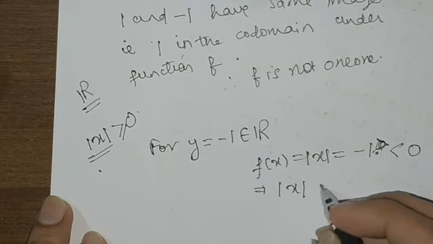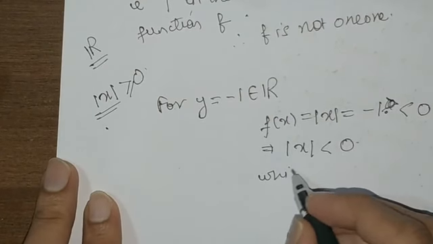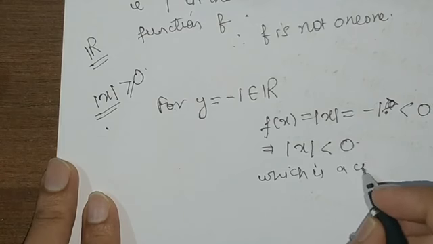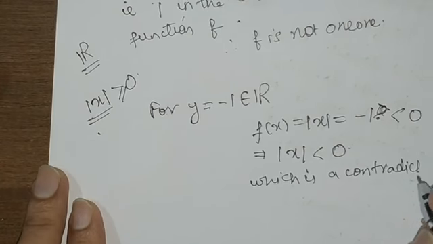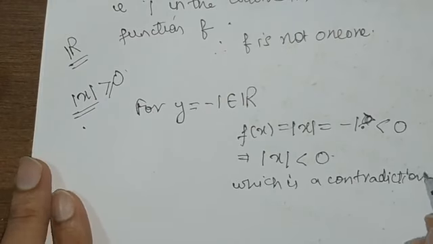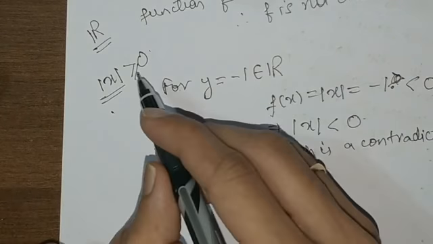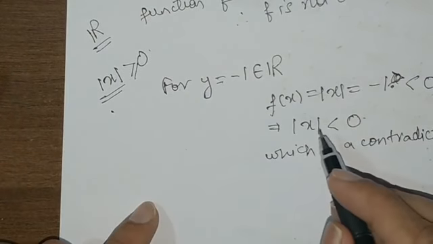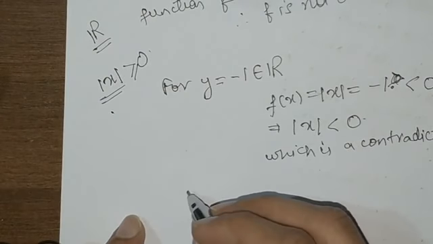So modulus of x is less than 0, which is a contradiction. Why is it a contradiction? Because modulus of x is always greater than or equal to 0, but here you are getting modulus of x as less than 0. So it is a contradiction.